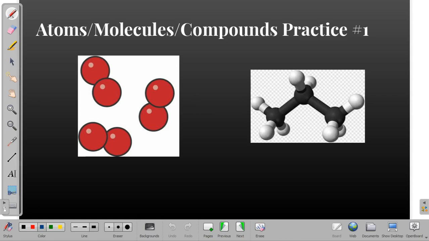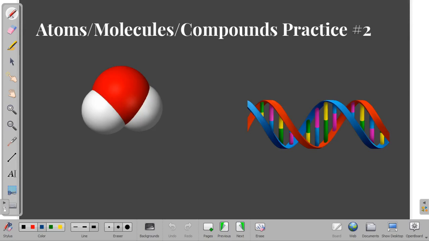Could you count how many you have of each? There's 8 white ones and 3 black ones. Fantastic. We have 3 carbon atoms, and then 8 hydrogen atoms. So where does propane get its name from? Well, the prefix prop, meth, prop. Prop means 3. That's 3 carbons.